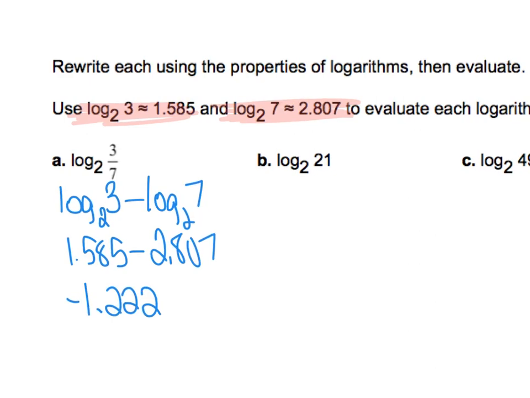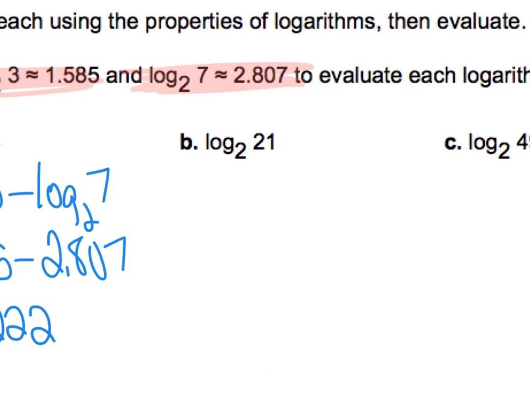Okay, so looking at our next one here, we have log base 2 of 21, which would be like log base 2 of 3 times 7. We just took 21 and rewrote it as 3 times 7 because we know the directions gave us the decimal values for 3 and 7.